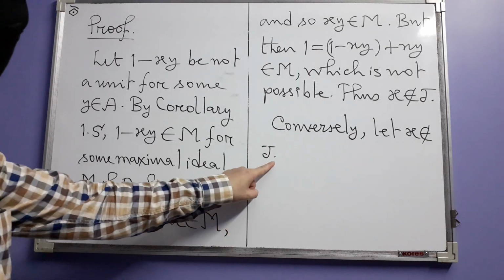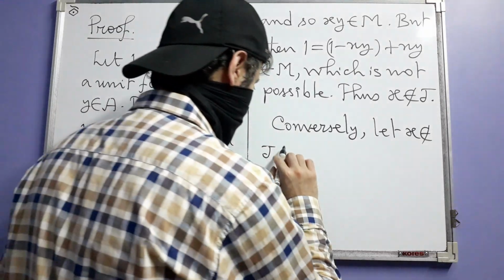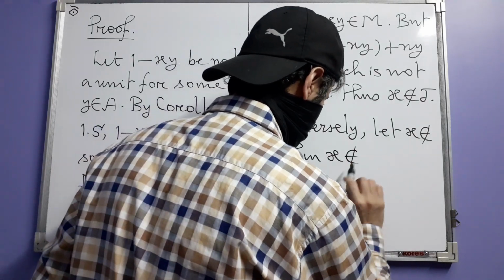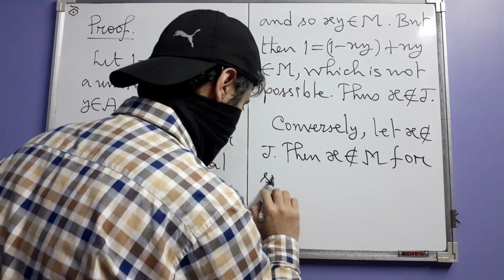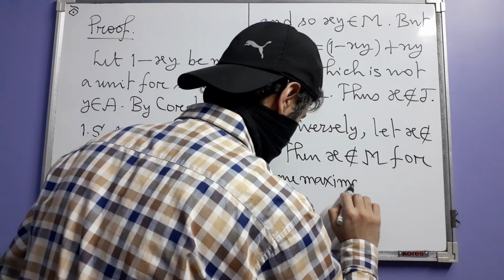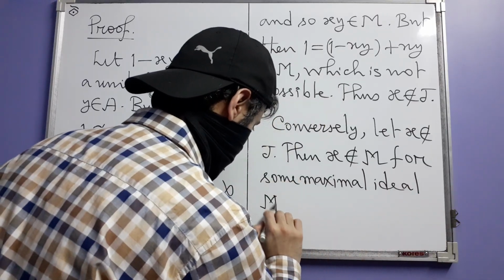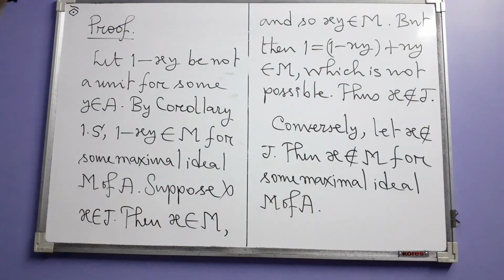Then x must be not in at least one maximal ideal. Then x does not belong to M for some maximal ideal M of A. All right.